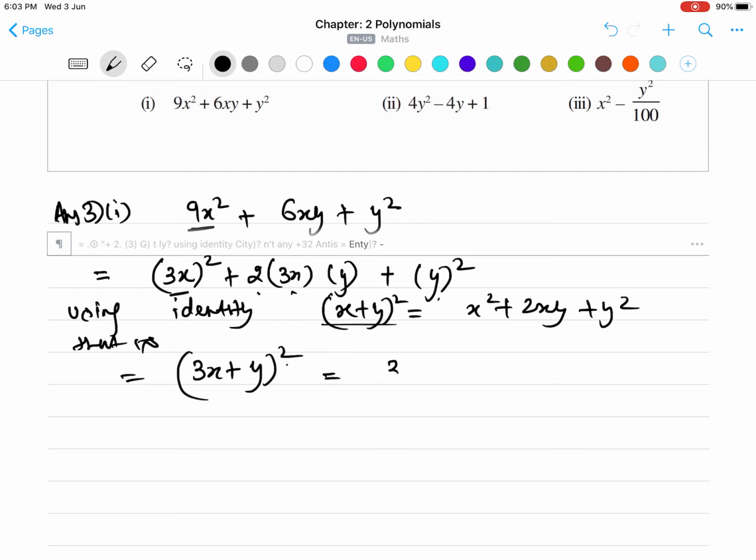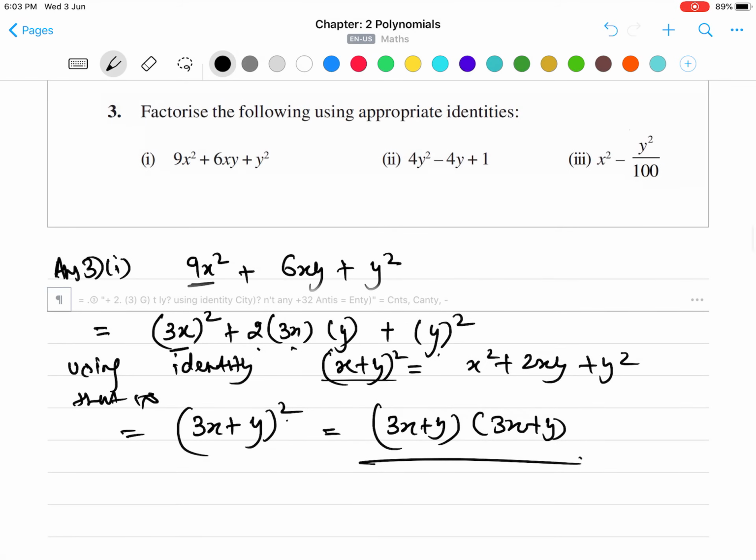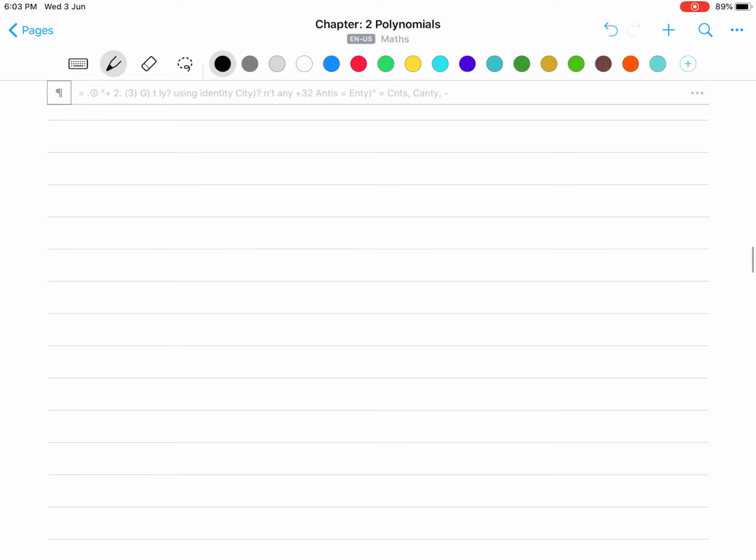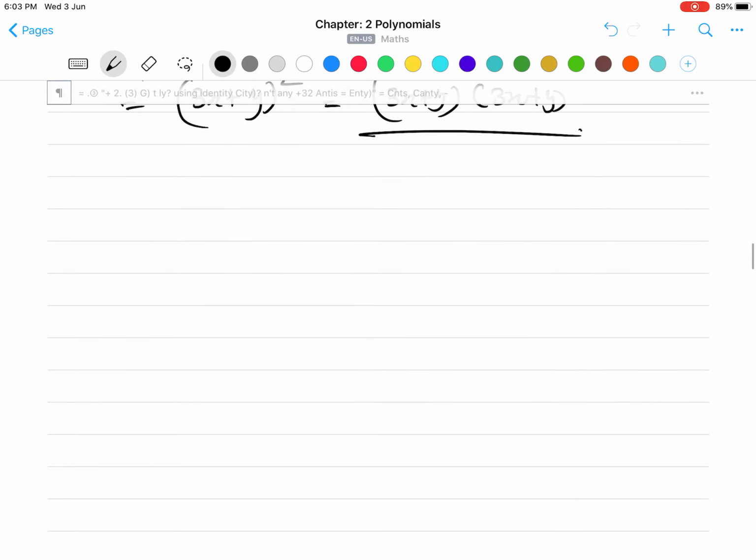As the power is 2, we can write this as 3x plus y into 3x plus y. So this is the factor of this given polynomial, using algebraic identity number 1, which is x plus y whole square is given by x square plus 2xy plus y square.